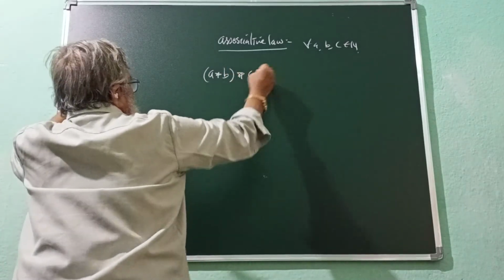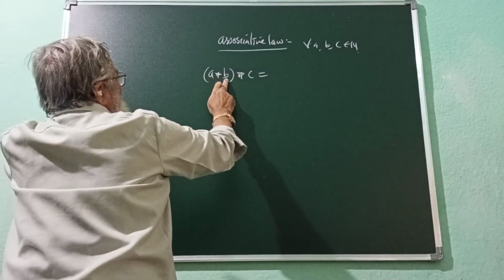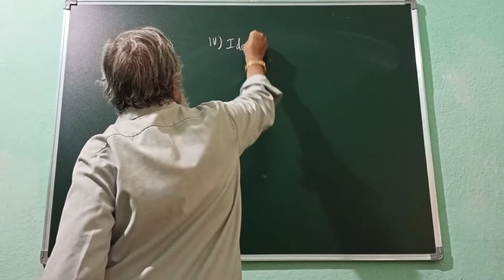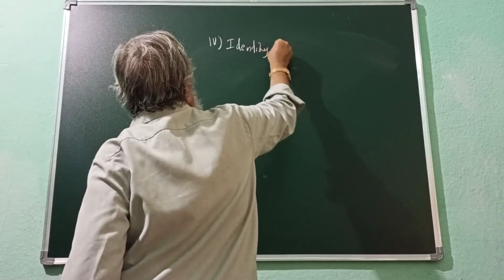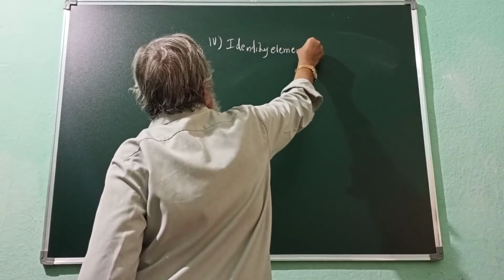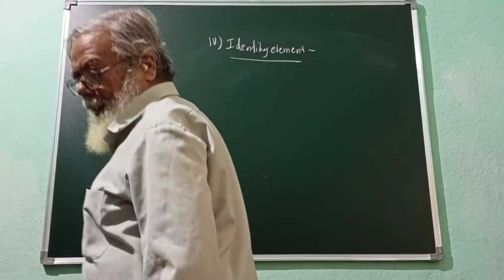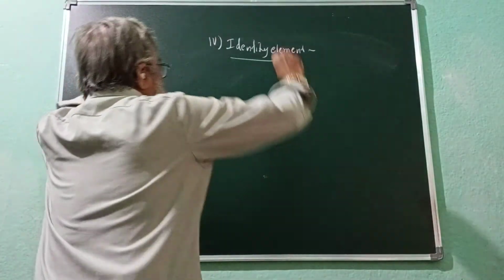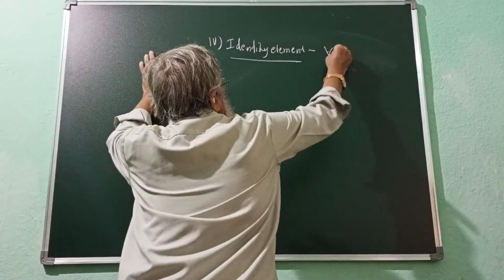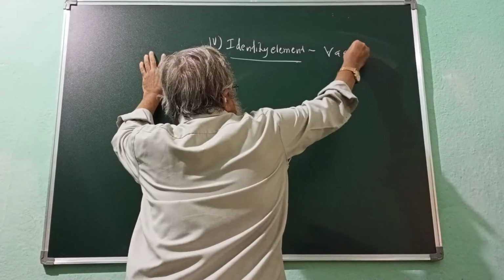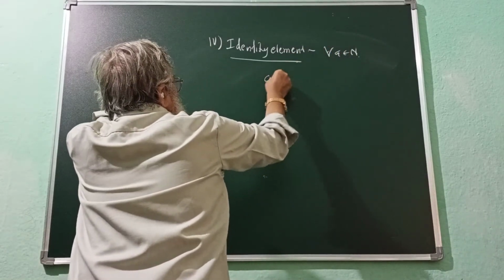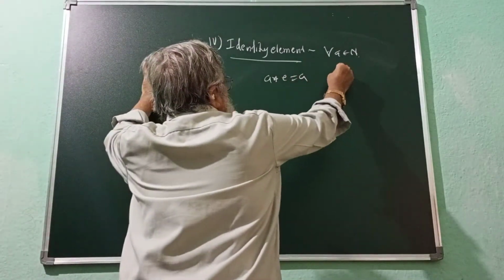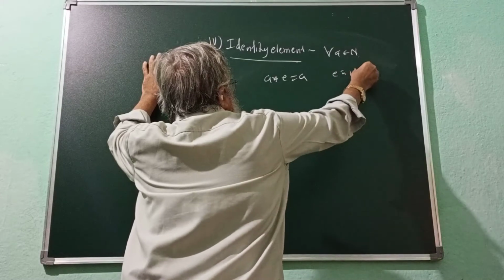A star B means the LCM of A and B. Now, we have already studied that the identity element is the element which, on operating with any element A belonging to N, gives A. Now you see here A star E is equal to A for every A belonging to N, where E is the identity.